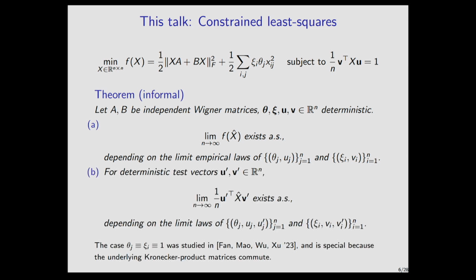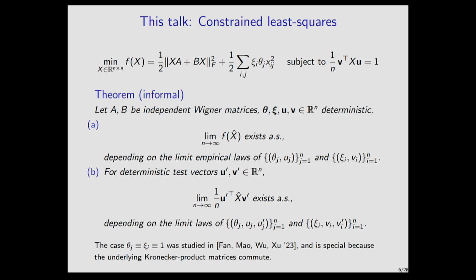And furthermore, if I want to understand the structure of this minimizer, if I hit it by deterministic test vectors u prime and v prime, there also exists a deterministic limit value for this. And I'll describe to you what is the form of this value later in the talk. I just want to state informally here.